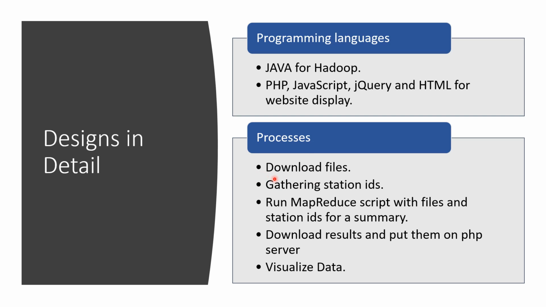The first is to download the files and then gather the station IDs. I basically created a PHP script to generate all the IDs we need, and then we use them in our script to filter through all the stations. Then we run our script with all the files and station IDs for a monthly summary, and we download all the results and put them on the PHP server.